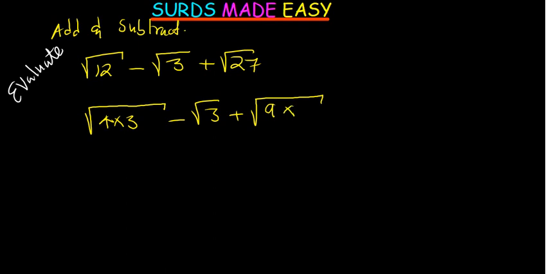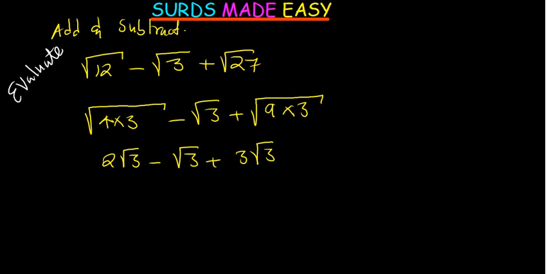So 27 is the same as 9 times 3. And then the square root of 4 is a 2. So this is going to be 2 root 3, then minus root 3, plus the square root of 9 is a 3. So that will be 3 root 3.